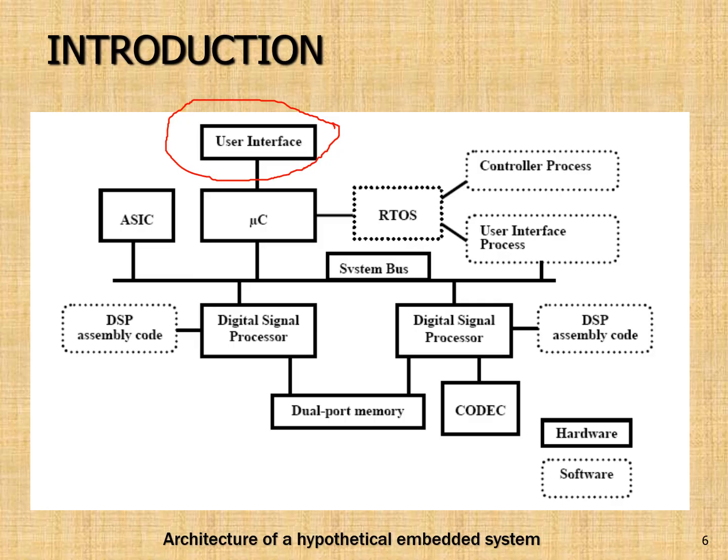Thereafter we can see the dual port memory. Now this dual port memory is basically a shared memory, because it has two access points. Both DSP processors can access it through different ports, so they can perform read and write operations independently without any interference.